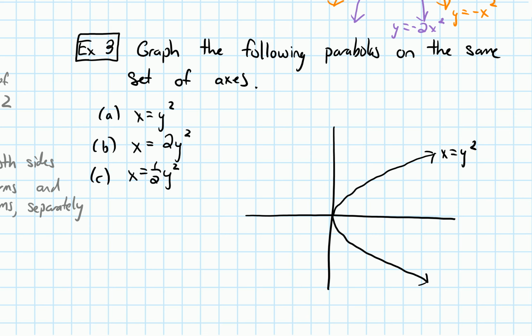With the next equation, now when we put a 2 in front, the 2 is going to multiply the y squared. And that'll give me what x equals, because x equals 2 times y squared. So this 2 is doubling what the x coordinate used to be. So it's going to stretch it. This one is actually stretching it horizontally by a factor of 2, because the roles of x and y have switched here.